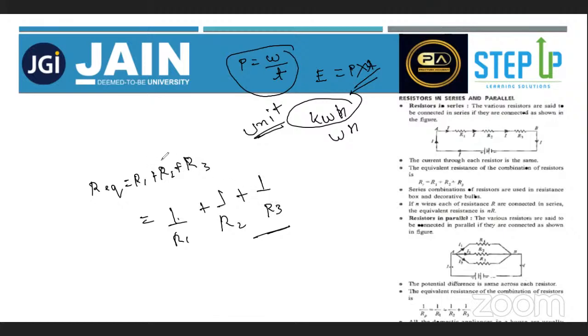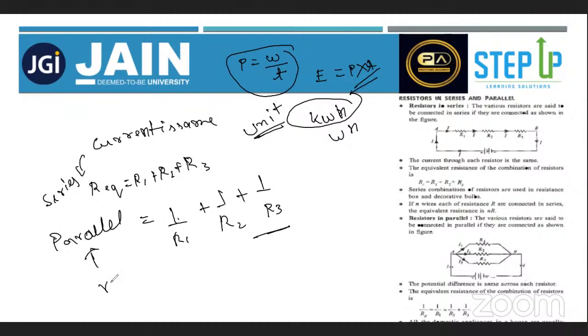When I'm talking about series, what is constant? Current is the same. When I'm talking about parallel, what is constant? Voltage is the same. Using that, we derive this.